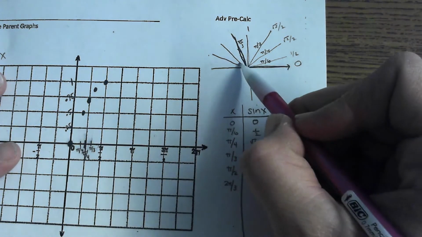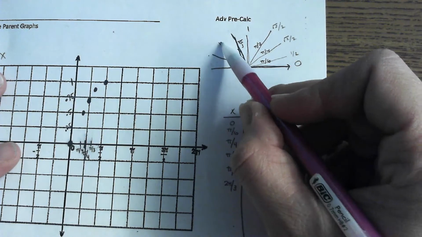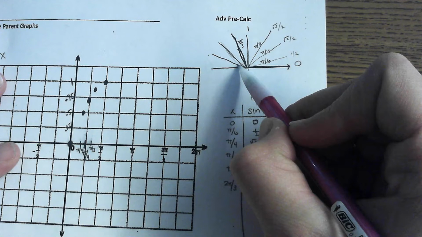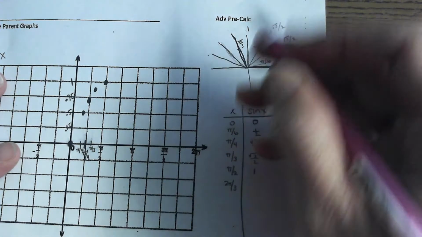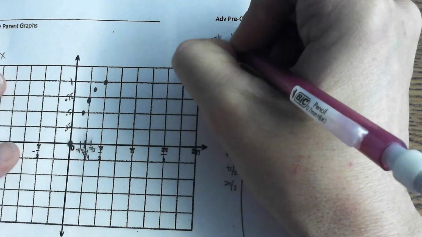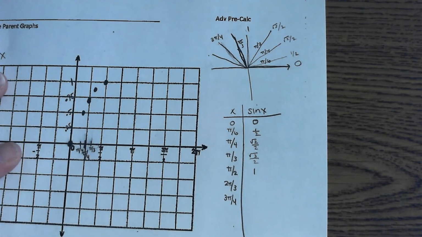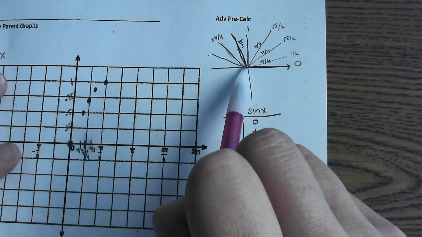And what's this one going to be? Reference angle of what, Joey? Pi over 4, right? So this is 1 pi over 4, this is 2 pi over 4, this will be 3 pi over 4. And then reference angle here, Mitch.